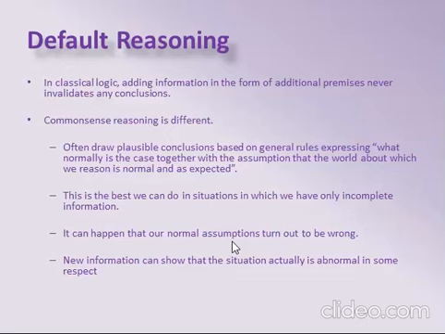New information can show that the situation actually is abnormal in some respect. So if our assumption is wrong, we may end up with abnormal conclusions, and we may have to change the conclusion with the availability of the new information which was not available at the time of taking the conclusion.